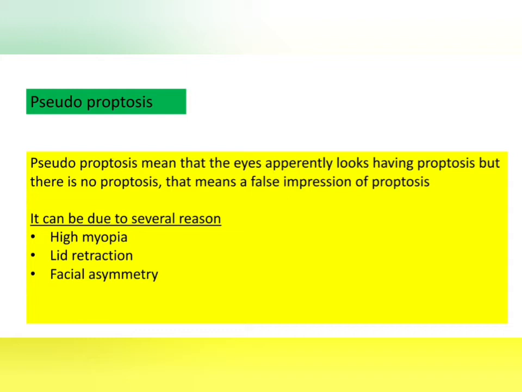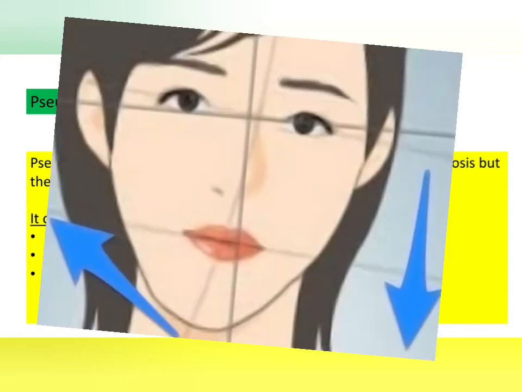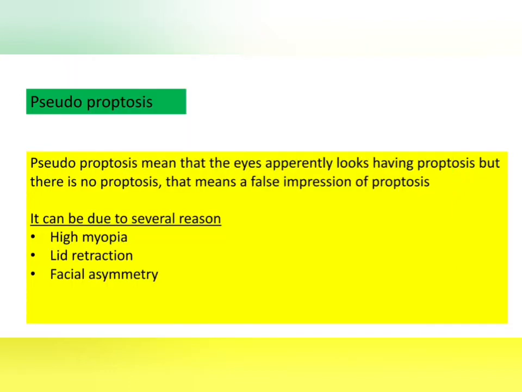First, the presence of high myopia, or lid retraction, facial asymmetry, or if there is ptosis, there is ipsilateral lid retraction. These things can make it appear that one eye is more protruded than the other.